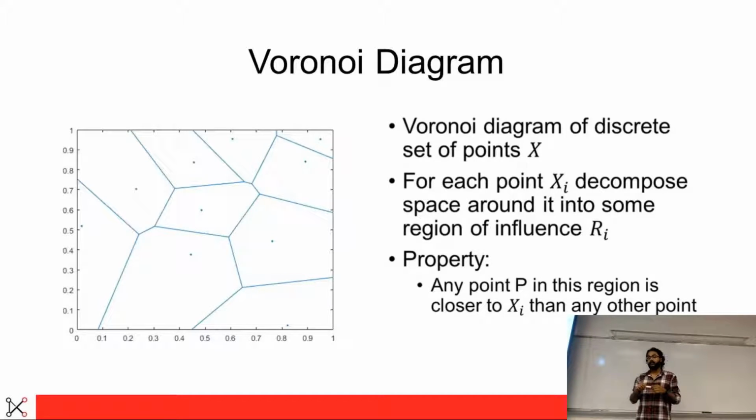Another very interesting property that you should know about is that the size of the region decides the influence of that point on a new point, which means that the larger the size, obviously, the larger its region of influence. So these are two things that you should know.